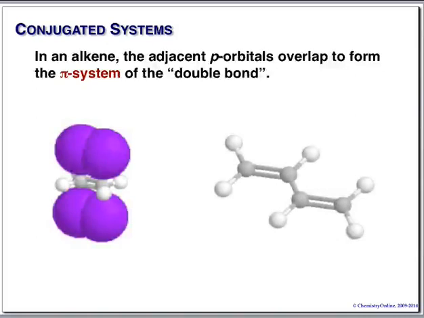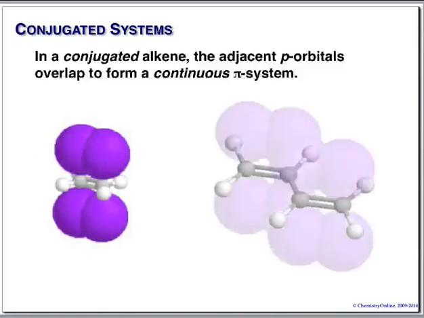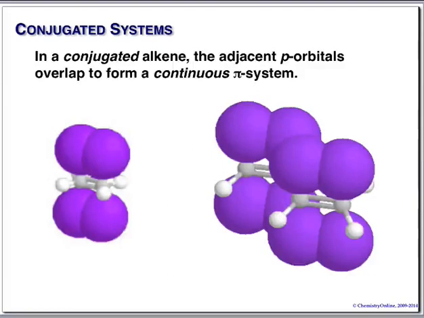When we have a conjugated system, each of these carbons will have p orbitals, and so these overlap like this to form a continuous pi system above and below the plane.